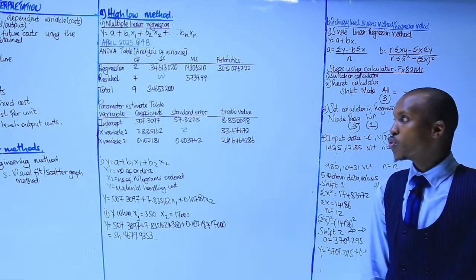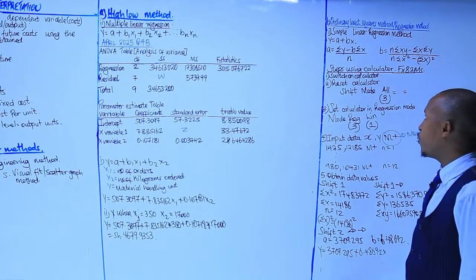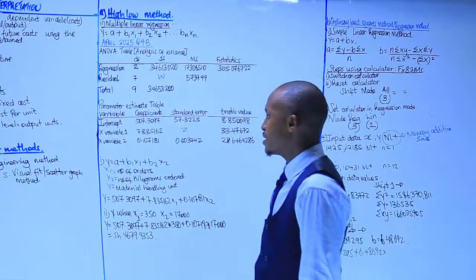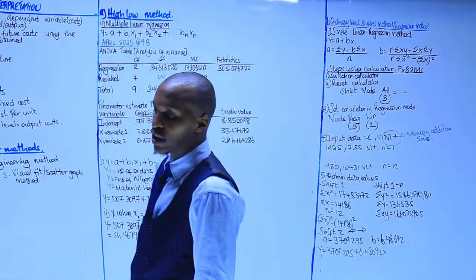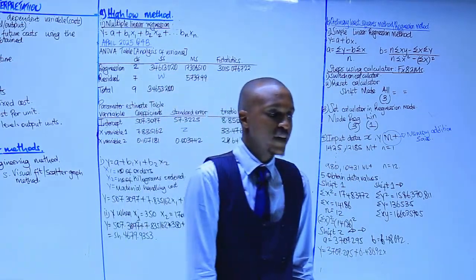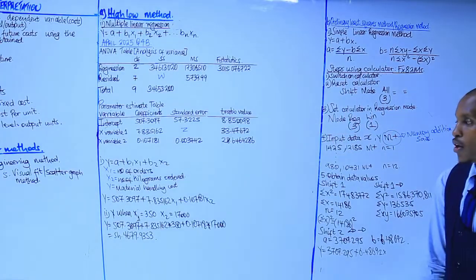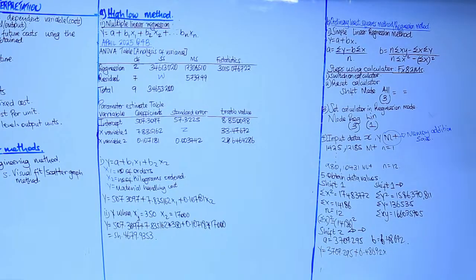For you to do that, you now use various methods of analysis of the regression equation. There are various methods that we tend to use to analyze your regression equation. The first method is what we refer to as economic plausibility.